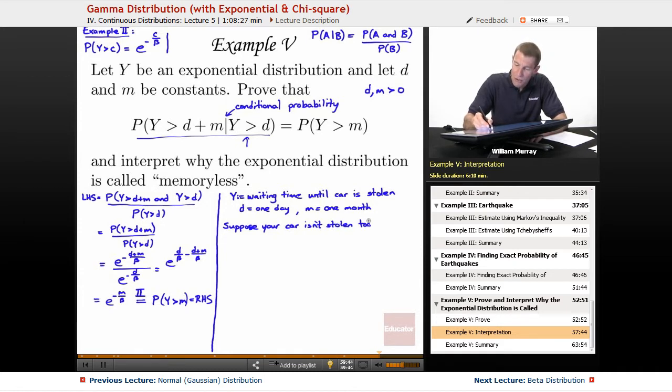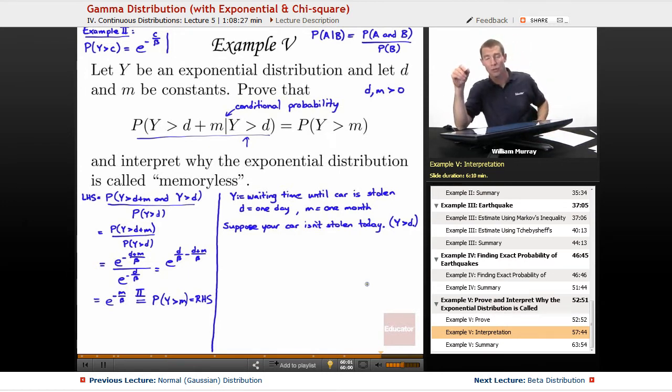That means you made it through the first day. Thank goodness. Y is bigger than d. So you made it through at least one day without any theft of your car. Given that you made it through today, what's your chance of making it through a whole month more after today?